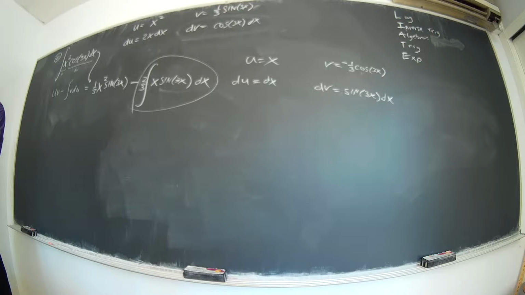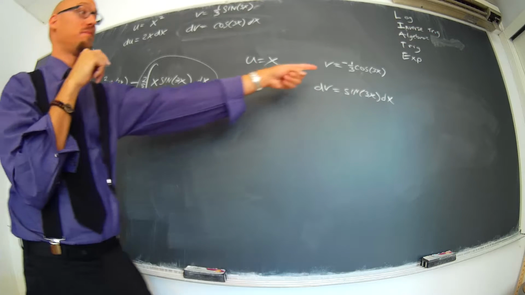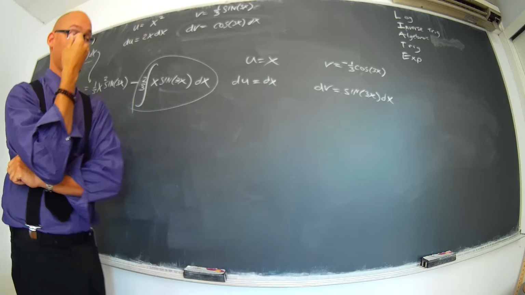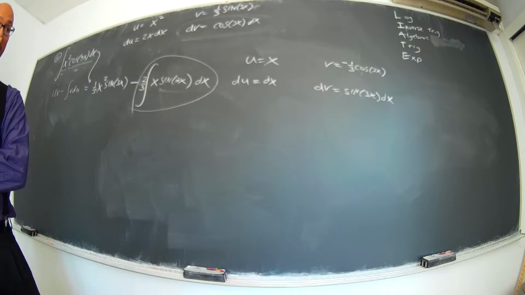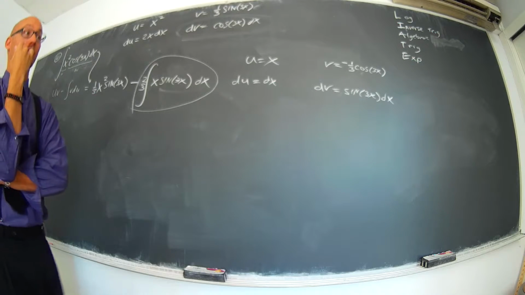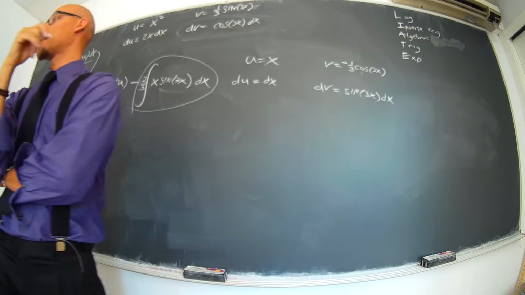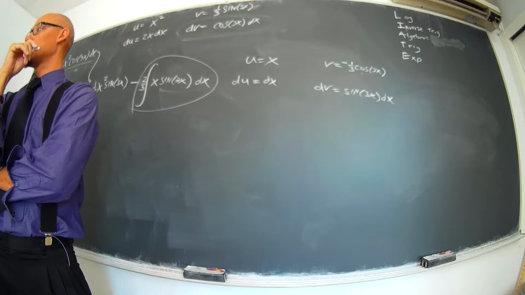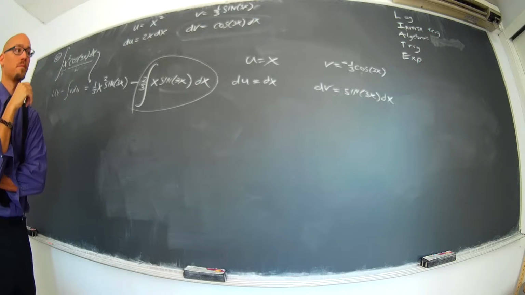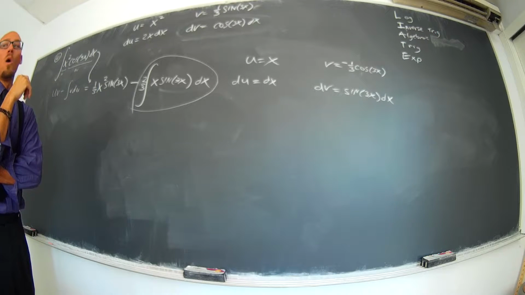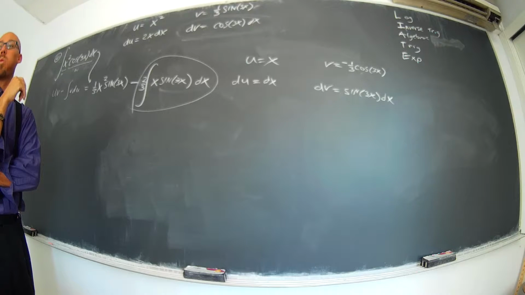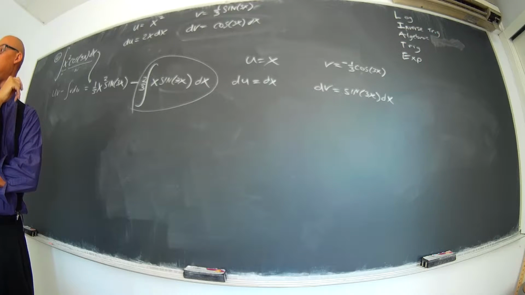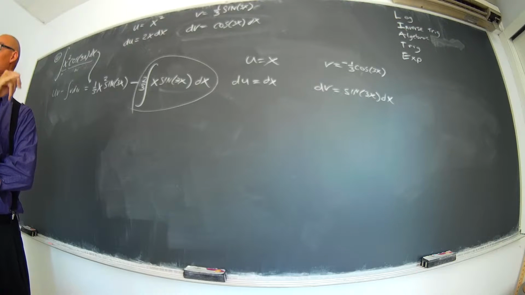You believe it? Take the derivative. Well, I believe that part. The derivative of cosine is negative sine. Derivative of sine is cosine.